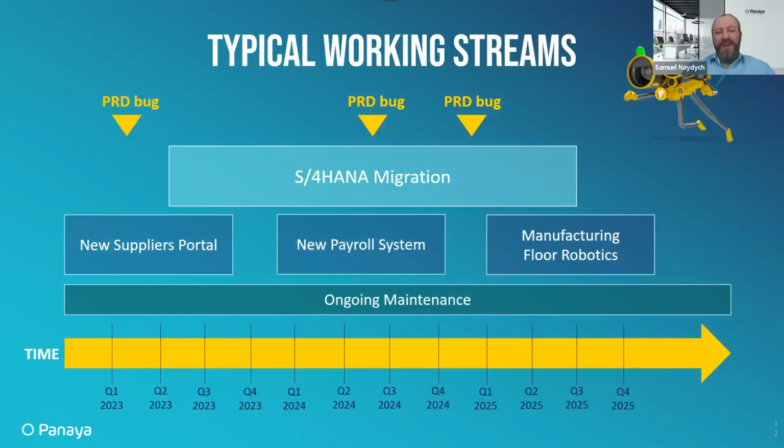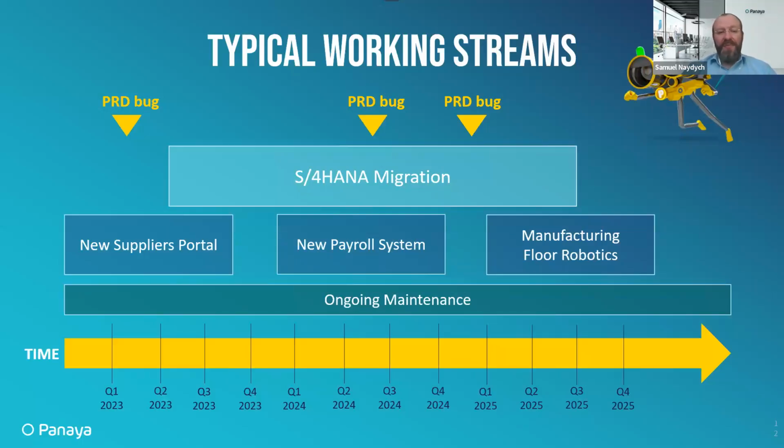So altogether, this is how SAP teams are working. This is the typical working stream. It's not just an example from one single organization, it's a very typical way. The timeline, as an example, from 2023 till 2025, two years, consists of ongoing maintenance, which cannot stop, to keep the system working all the time, introducing all the necessary corrections and adjustments.